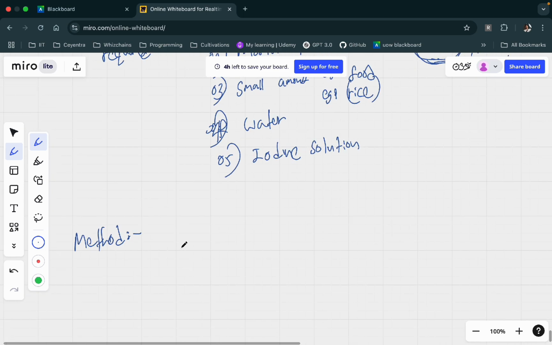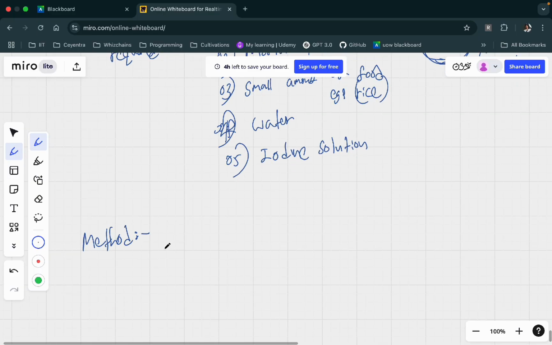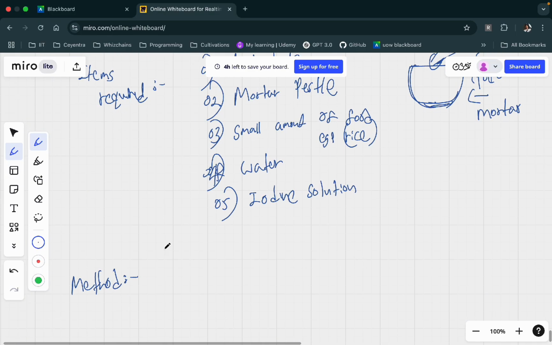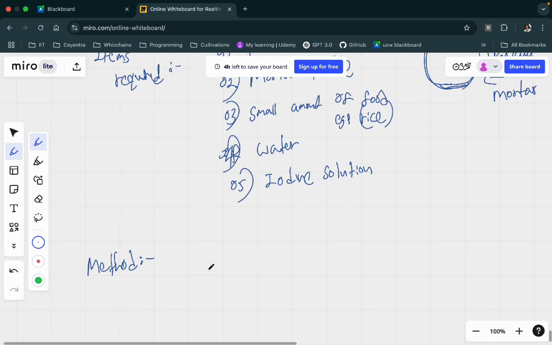This is how we can conduct our experiment. Okay, method. So here's how we can do this. First of all, you need to take the mortar and pestle like this, and you need to put some rice into it.